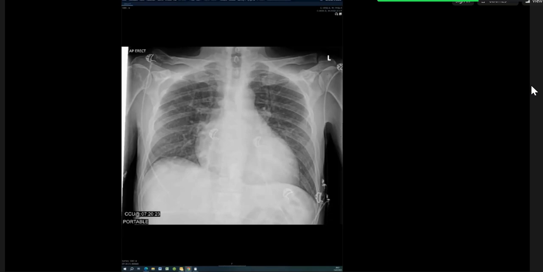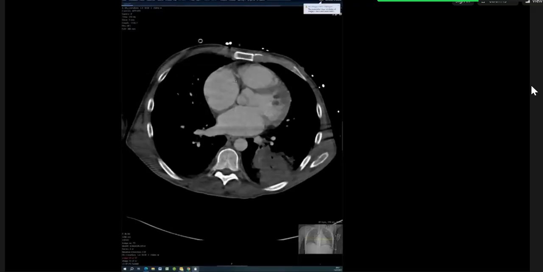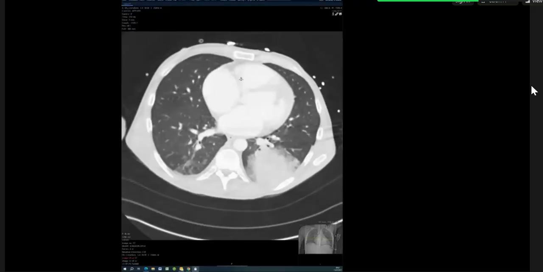Okay, so the patient doesn't have any other abnormality on the X-ray, but they are a known heart failure patient, and they are now septic with rigors. Okay. So I'll show you the CT.